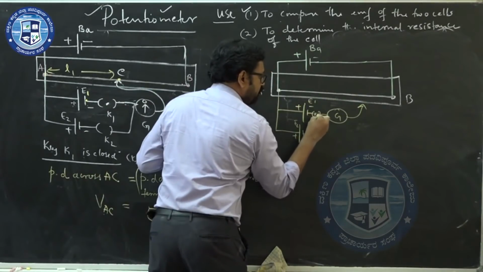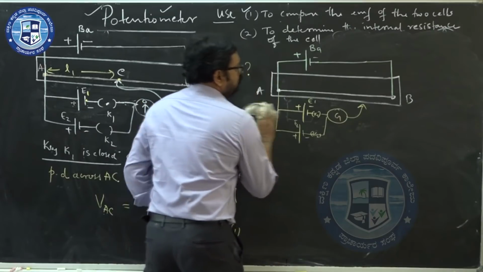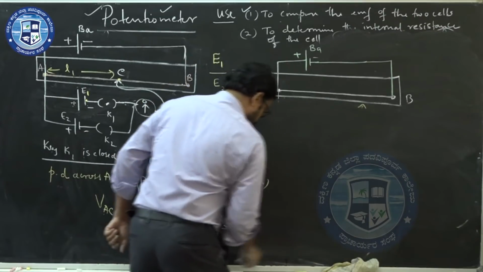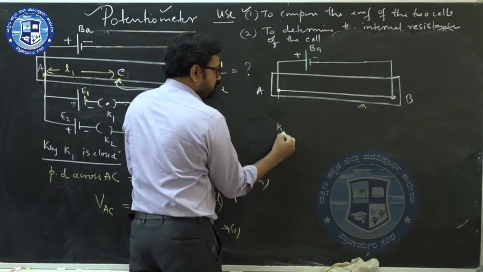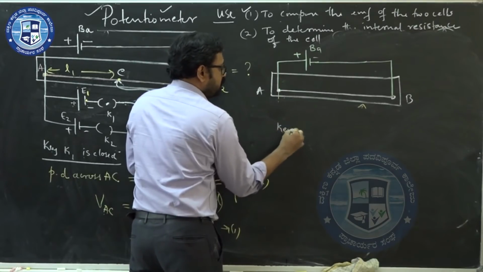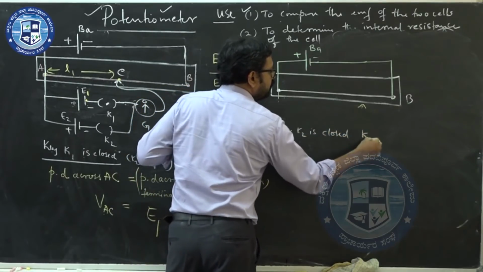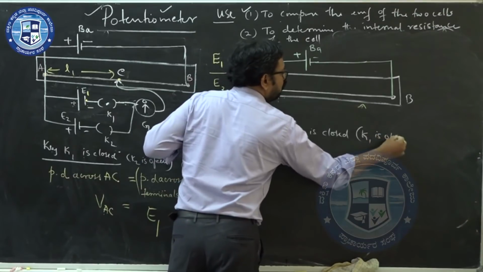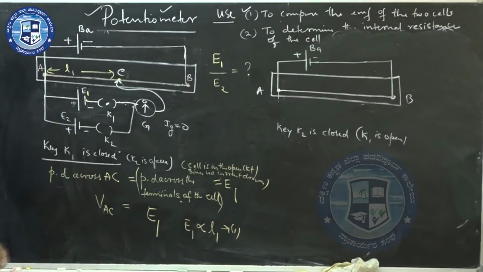Here K1, here K2. Now what I will do is, since I have to close K2, key K2 is closed and K1 is kept open.